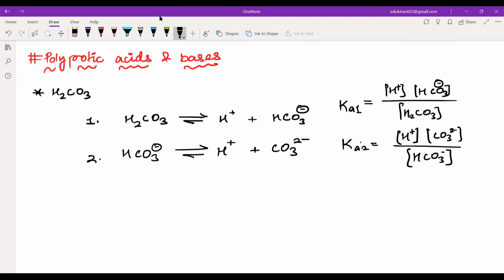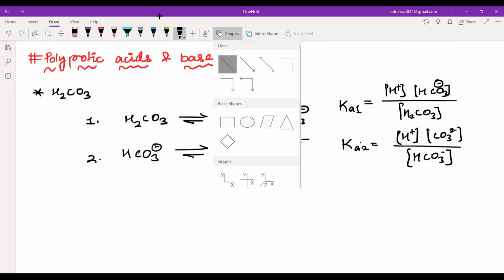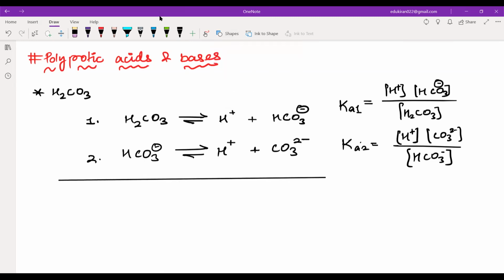If I add these two reactions, then the HCO3 negative will get cancelled out, right? And I will get H2CO3 giving me 2 H plus ions plus CO3 2 negative.